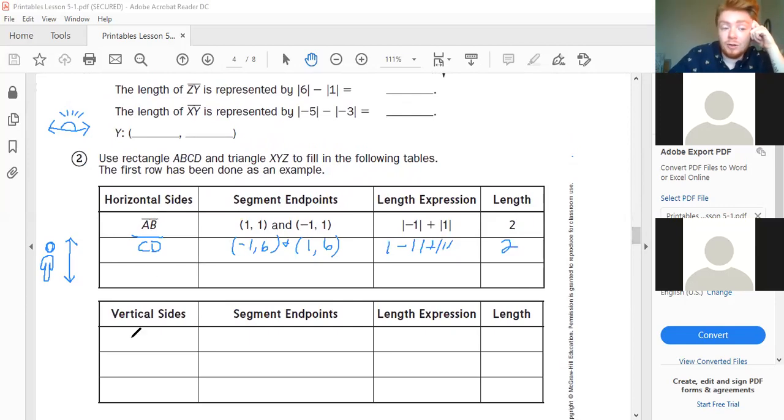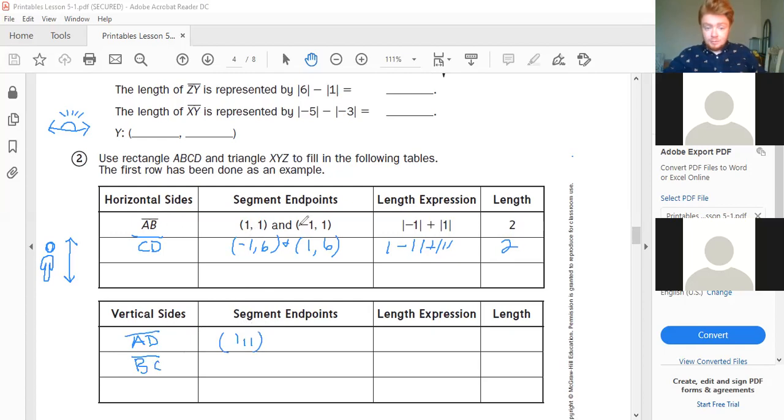Okay, and then our vertical, so our up and down. If you remember, where's my pen? There it is. Cool. It was from A to D, and then B to C. A was the positive one, so that was 1, 1.